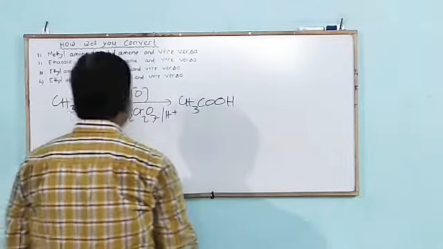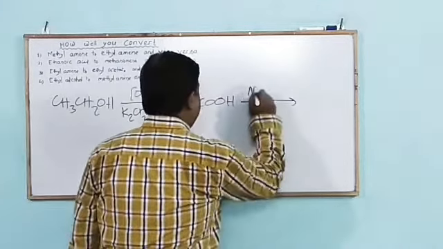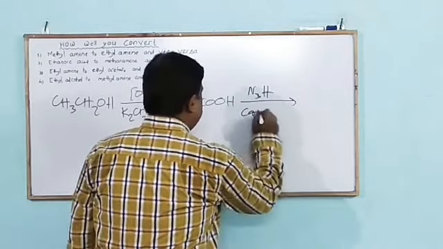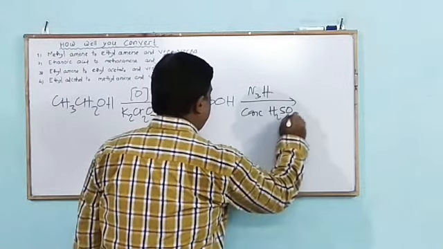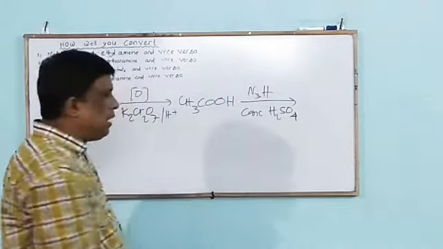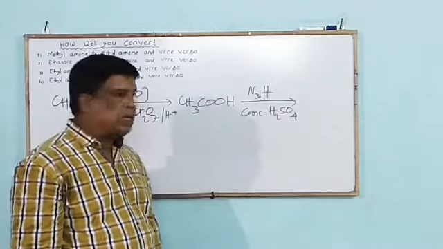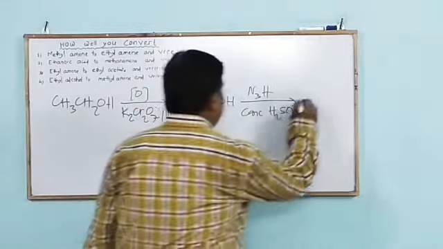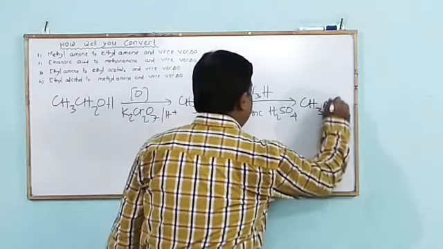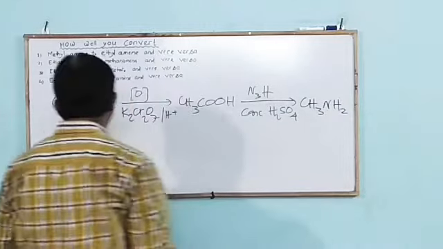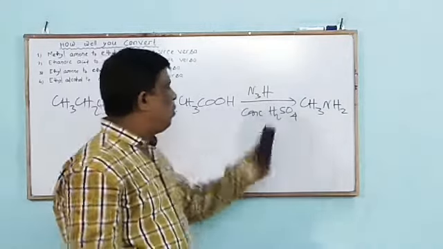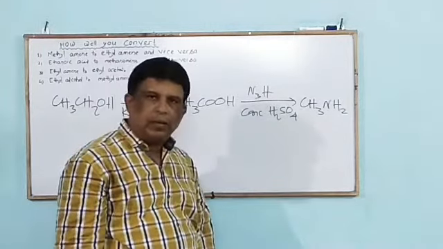Acetic acid reacts with hydrazoic acid in presence of concentrated sulfuric acid. When acetic acid is heated with hydrazoic acid in presence of concentrated sulfuric acid, methylamine is formed. So in this case, ethyl alcohol is transferred to methylamine.